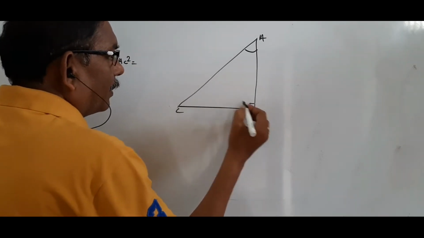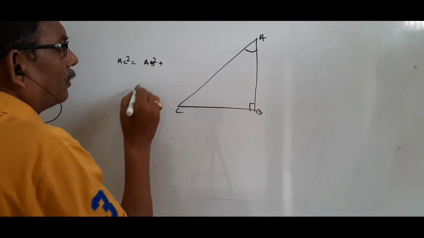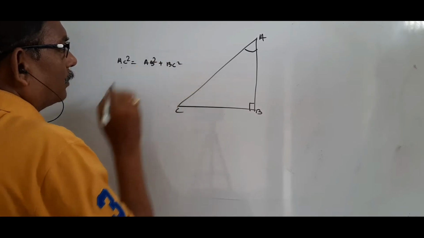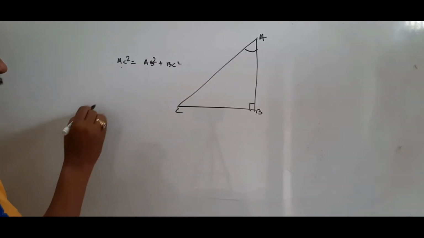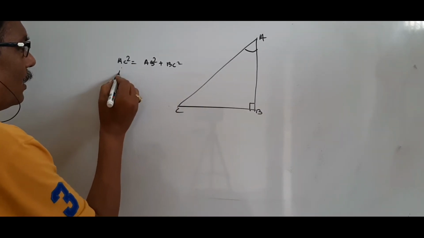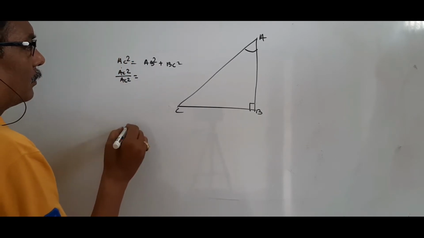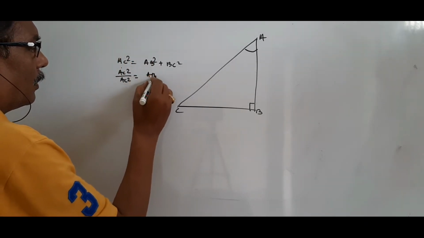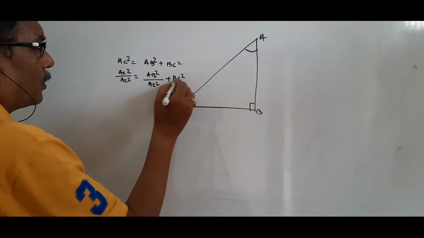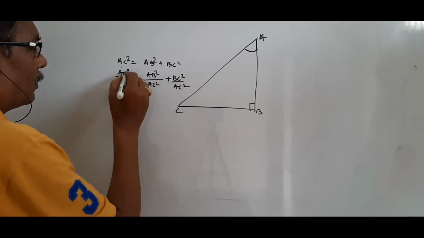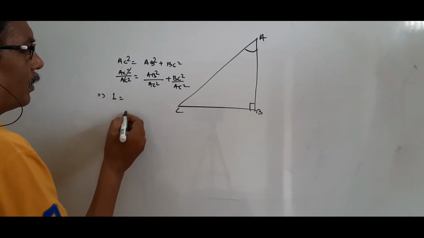Right angle at B, so AC square is equal to AB square plus BC square. Dividing both sides by AC square, it is AB square by AC square plus BC square by AC square, and this value is 1.